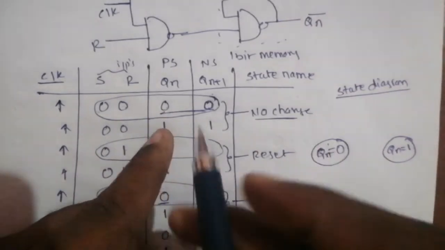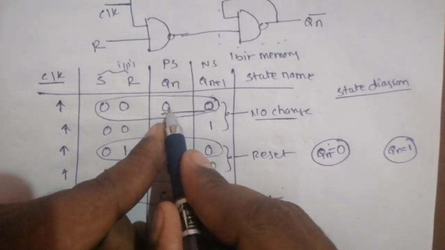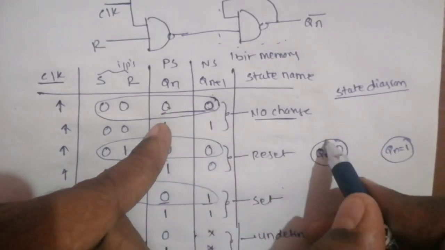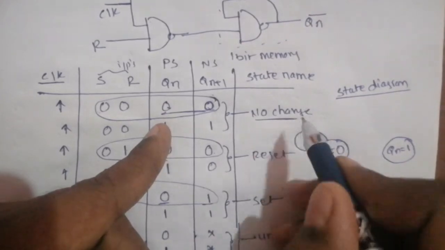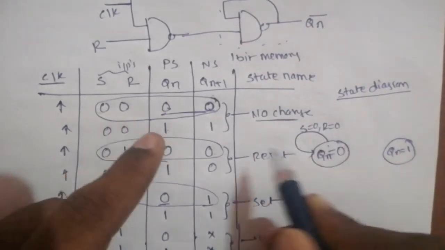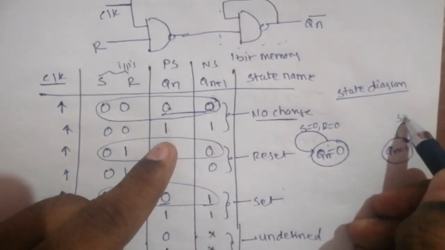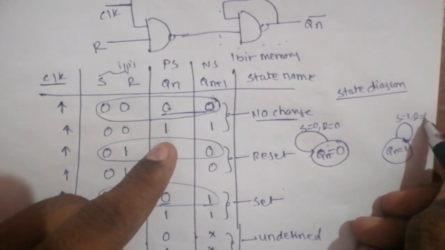Now observe the first condition, 0 to 0: start at present state 0 and end at next state 0. So 0 to 0 movement when S is equal 0, R is equal 0. Here 1 to 1 movement when S is equal 1, R is equal 1.